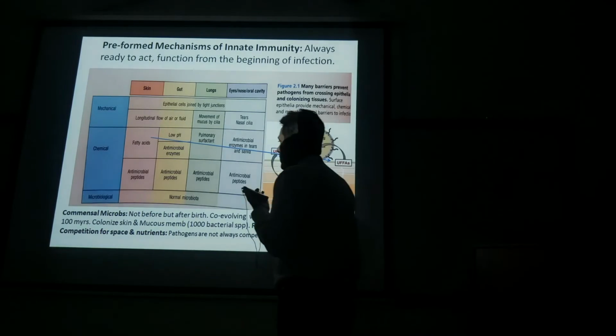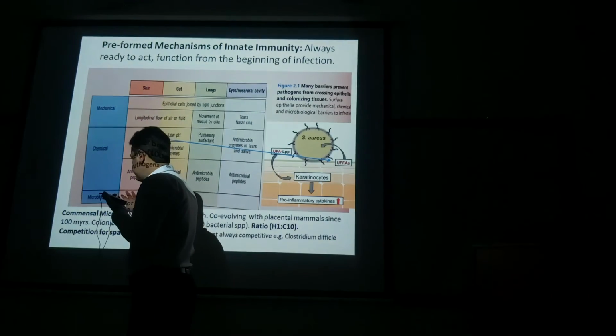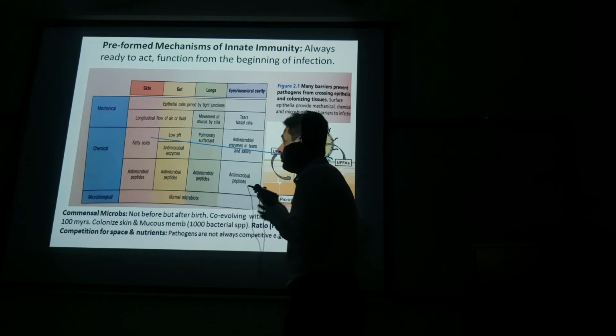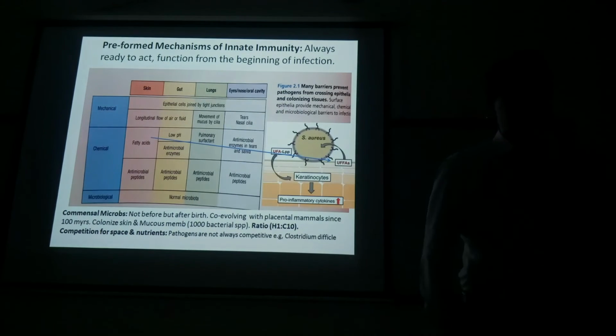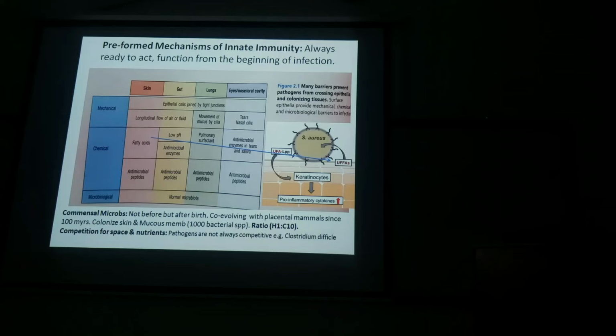Now the microbiota, this is very important. You have heard about the commensal microbes. When somebody is born, the newborn is devoid of any type of microbes associated with them.